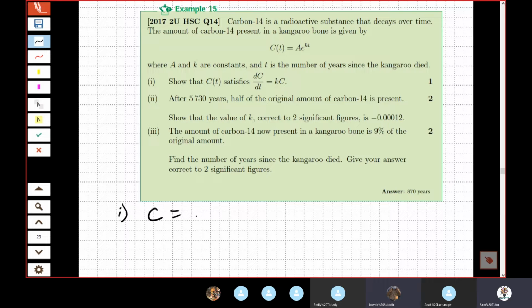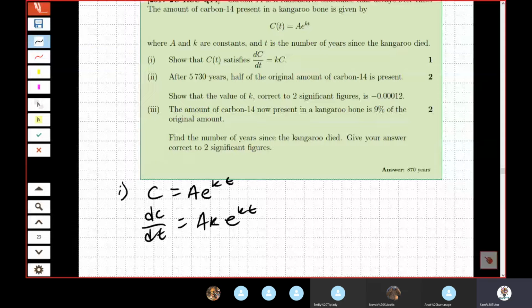Firstly, start with C. C equals Ae^(kt). Perfect. So therefore dC/dt equals Ake^(kt). And then you know that obviously k you can just take out. You're left with Ae^(kt), and what does Ae^(kt) equal to? C. And therefore you just proved that dC/dt is equal to kC. Very easy. Will be the first question. Has to be.